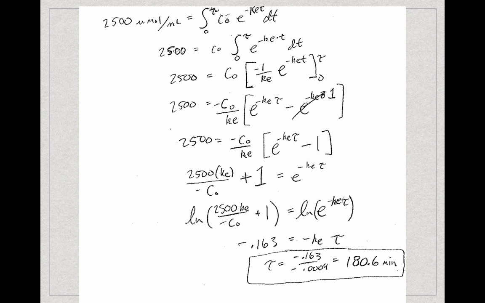2,500 equals minus C0 over KE, e to the minus KE t, minus e to the minus KE times 0. So e to the minus KE times 0 can simplify to 1. So it simplifies the equation to 2,500 equals minus C0 over KE, e to the minus KE t minus 1.